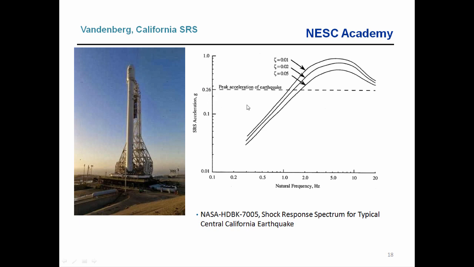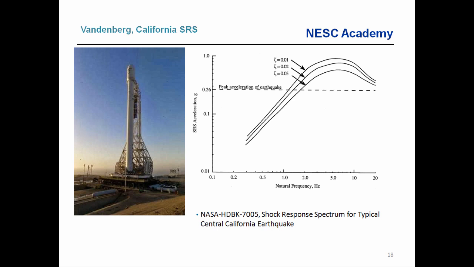This dashed line says peak acceleration of the earthquake, and this is the peak ground motion. But what these solid curves are showing are the peak absolute acceleration response. Of course, we're modeling this whole launch vehicle as a single degree of freedom system, and that's okay just as a first cut at the problem.